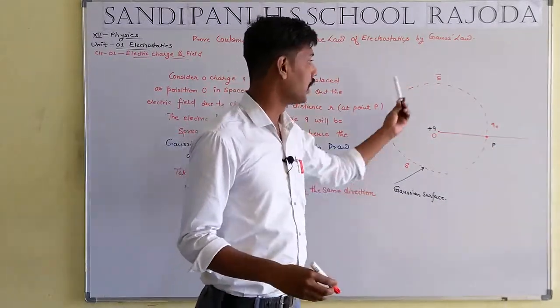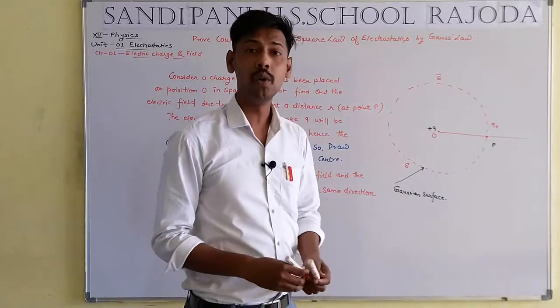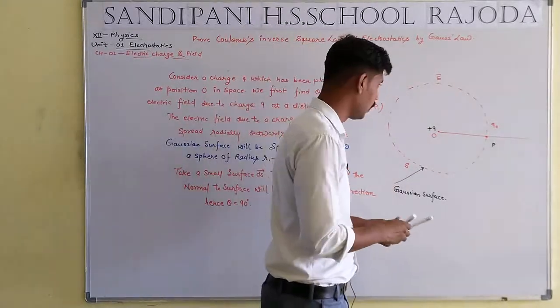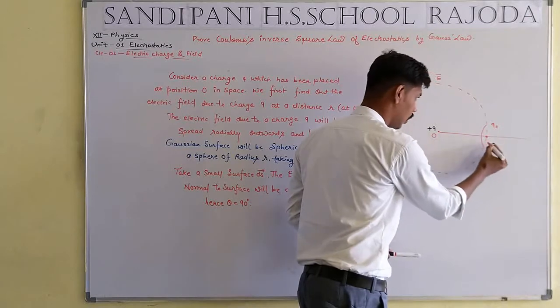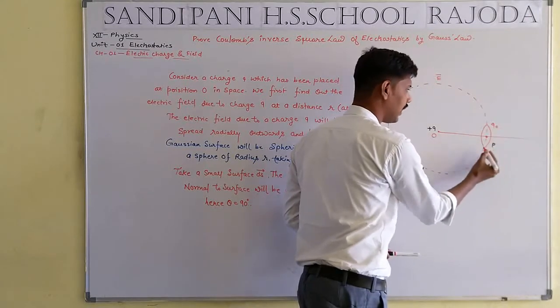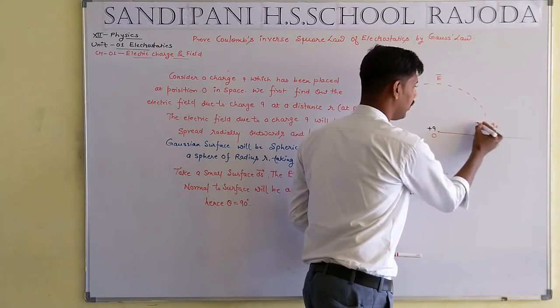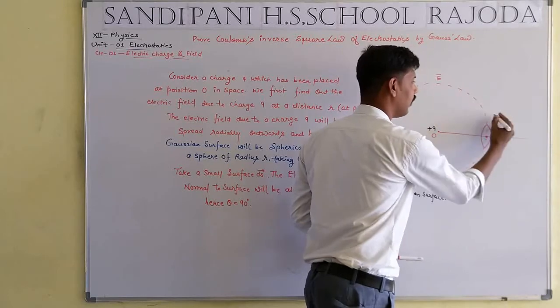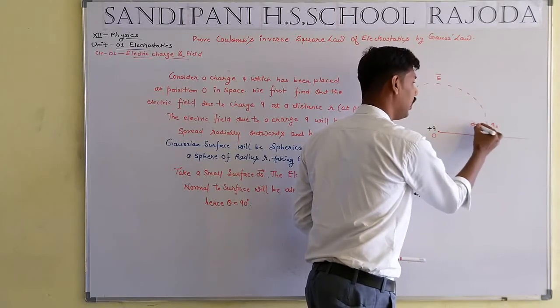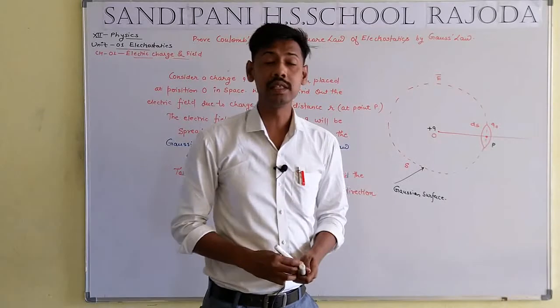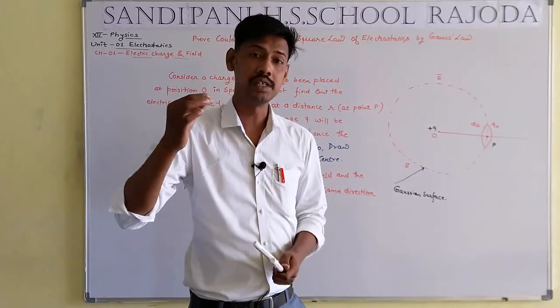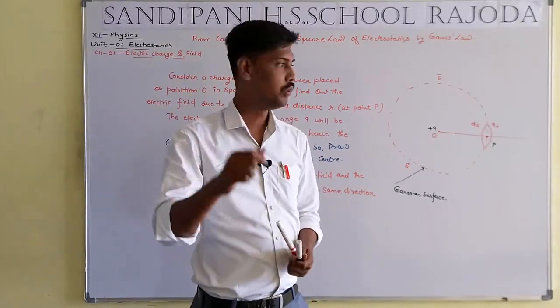Students, total surface will be equal to capital S, so a part of the surface will be equal to ds, which is known as a small elementary surface. I hope you follow, isn't it?